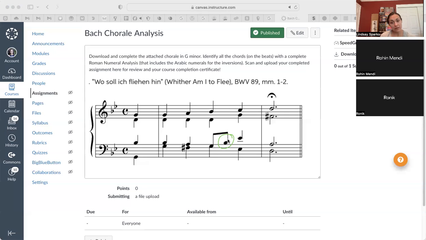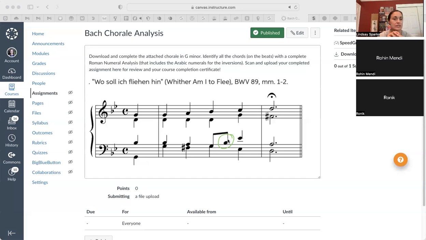If you would rather, the other thing that you can do is when you're uploading your assignment, you can just write in the text box what the Roman numerals are. So you could just say, 1, 1, 5, 6, blah, blah, blah. You basically have 1, 2, 3, 4, 5, 6 chords. So scanning it is great if you can print and write on it and scan it, and that's fine. Or you could just go ahead and do the chords themselves.